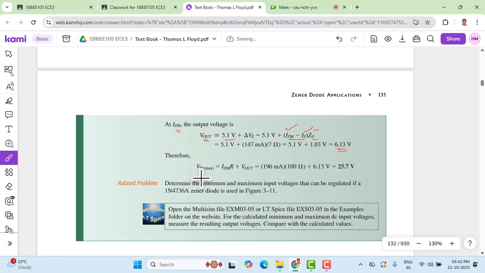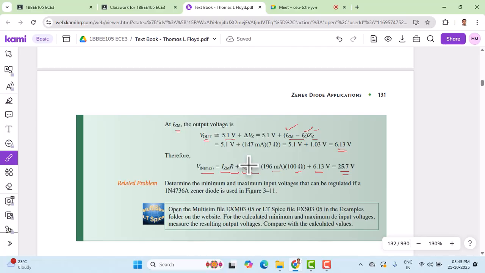In turn, if you substitute in the V in max equation by considering drop across the resistor and output voltage across the Zener diode, IZM is 196 milliampere and R is 100 ohm plus this V out is 6.13 volts. That gives us V in max as 25.7 volts.